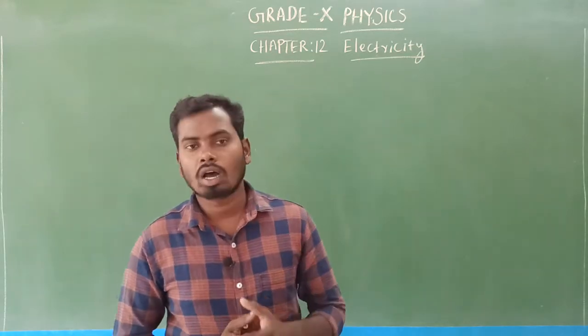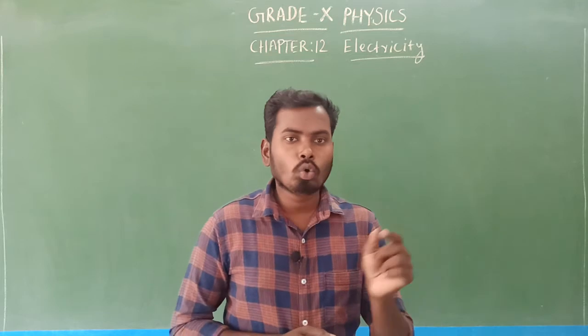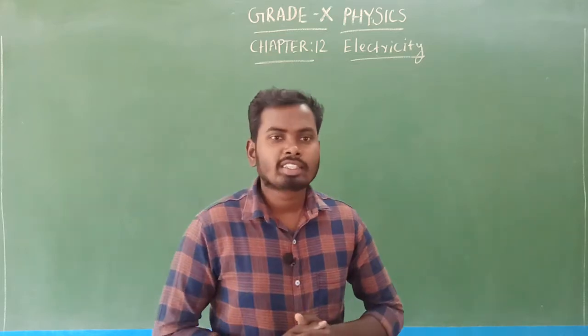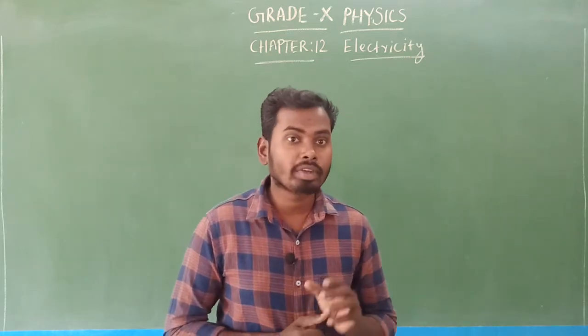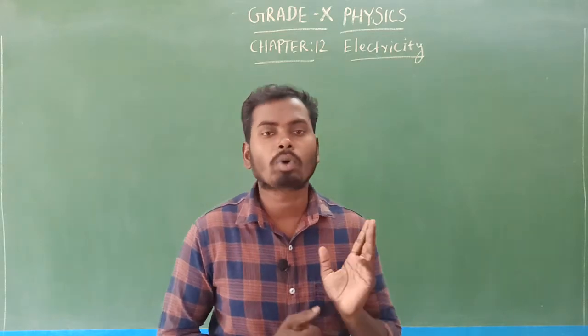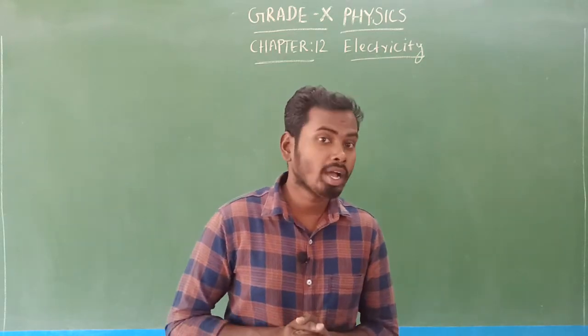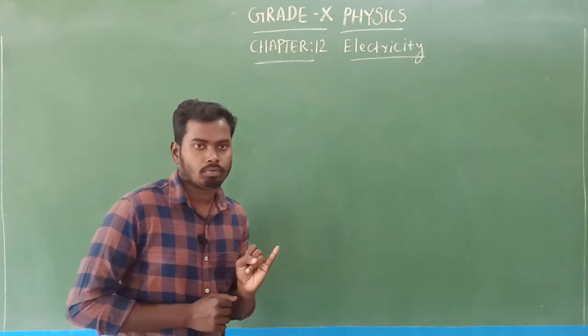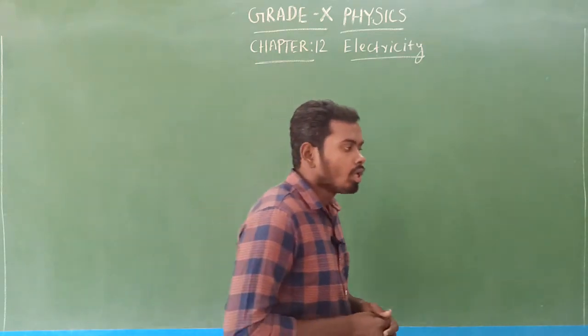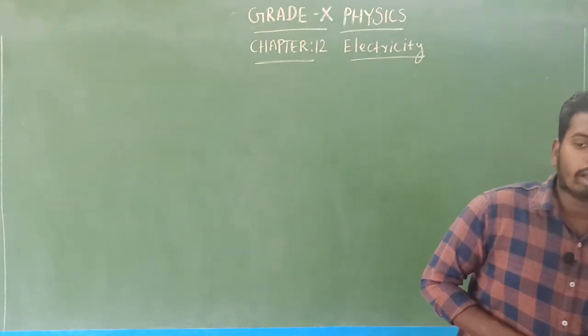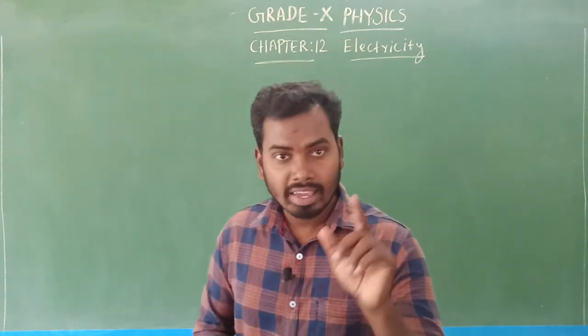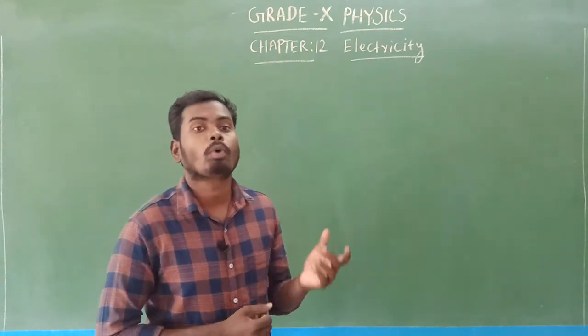If we substitute all these values, finally we get 1 coulomb equal to 6.25 into 10 to the power of 18 electrons or protons.